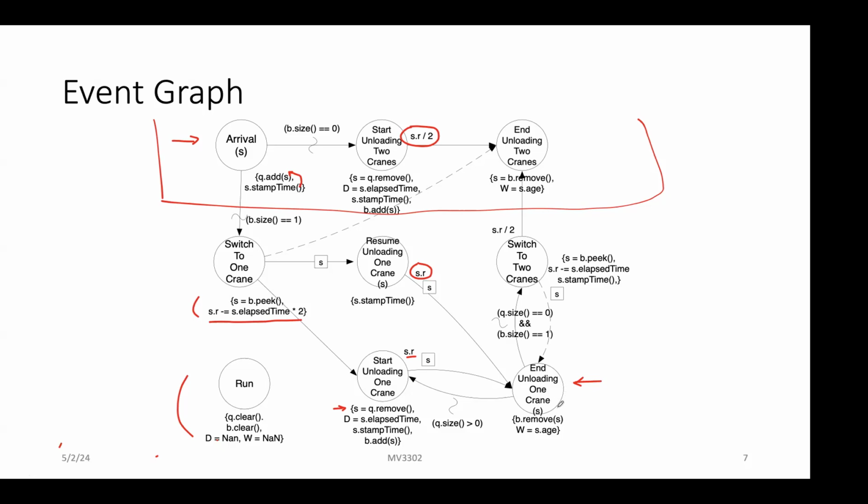Well, there are 2 possibilities. Let's look at the easy one. The easy one is if there are still ships in the queue, then they just need to come in.